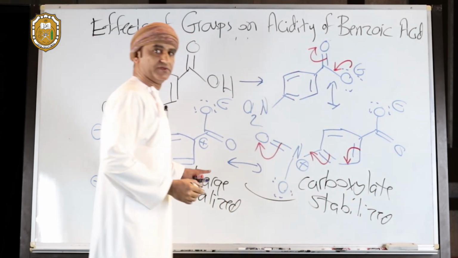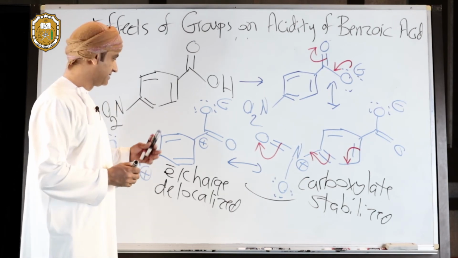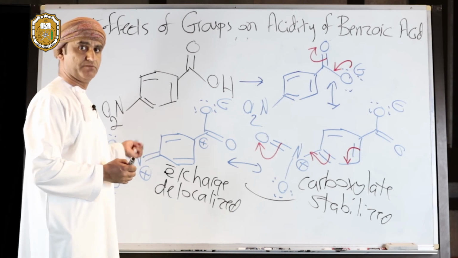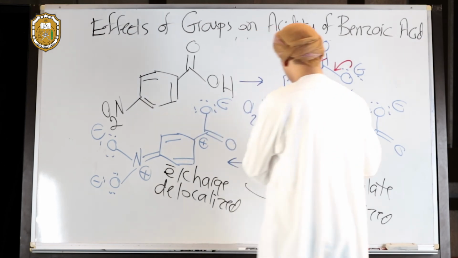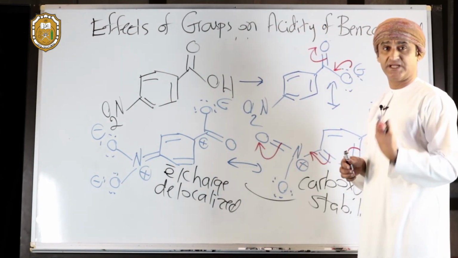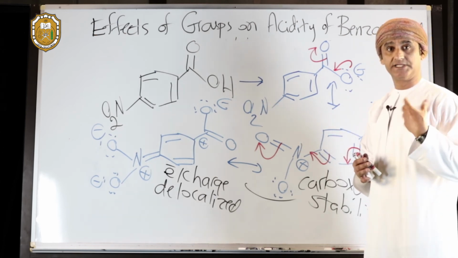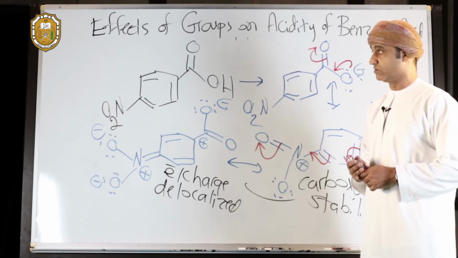If you like, this is a stabilization effect as a result of the electron withdrawal by the electron withdrawing group by resonance, which is the nitro group. So 4-nitrobenzoate is actually more stable than benzoate itself, because the charge or electrons are delocalized as a result of withdrawal of electrons by the electron withdrawing group.